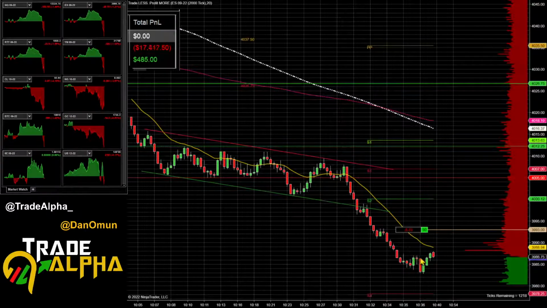Okay, so here you can see we've got the first leg of the two-legged pullback.